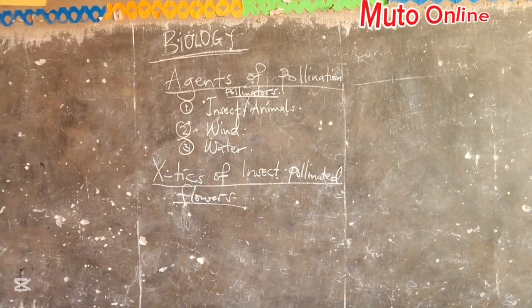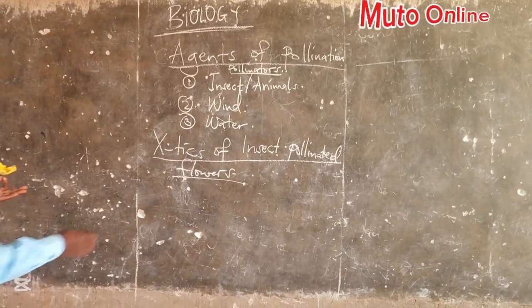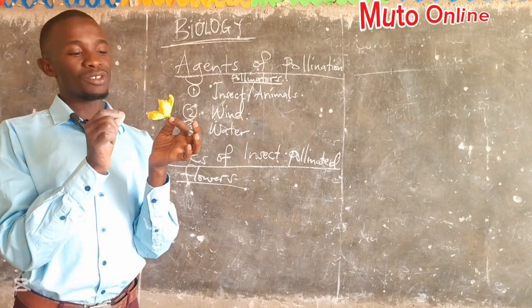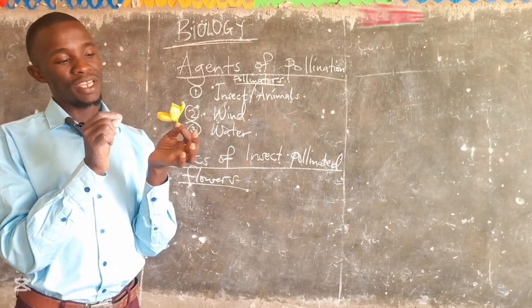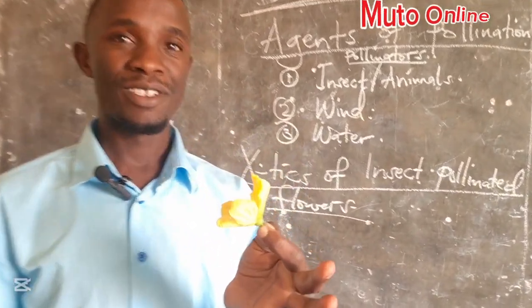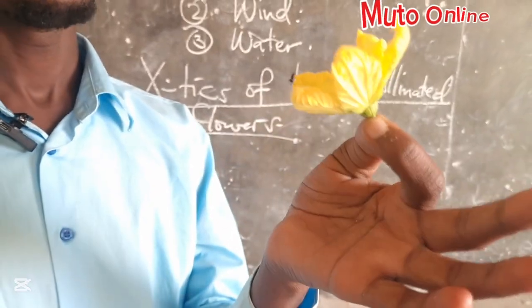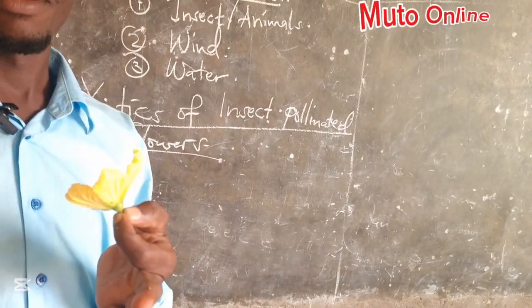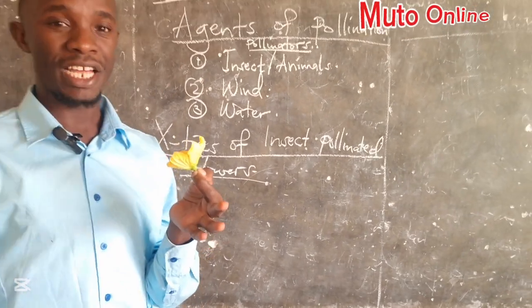The insect pollinated flowers we are talking about, when we look at the petals, have a certain appearance that is very attractive. Even when you are at a distance, you can see this color, that there is a flower somewhere down there.